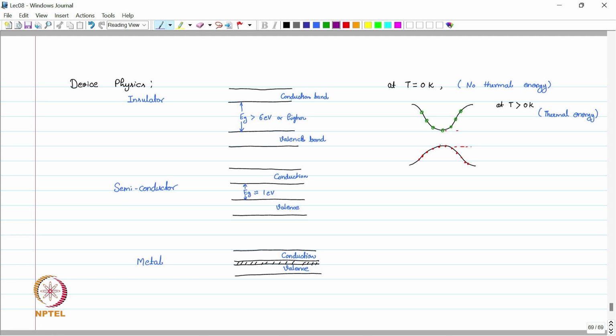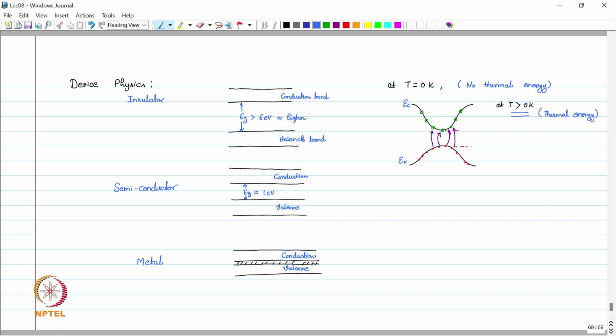This electron can also jump. So some of these electrons which are already high in energy can jump from the valence band to the conduction band. So this is EV and this is EC, the energy of the conduction band. Some of these electrons will jump to the conduction band at T greater than 0 Kelvin, when thermal energy is available to all these electrons.